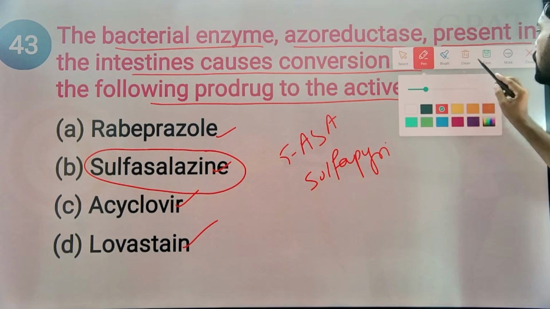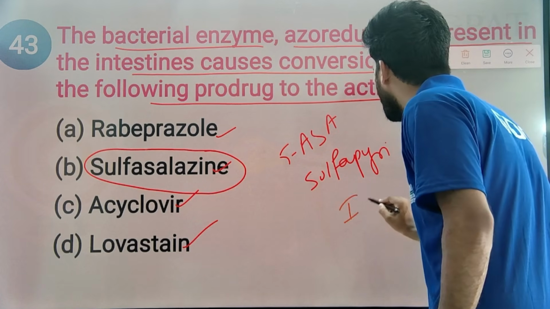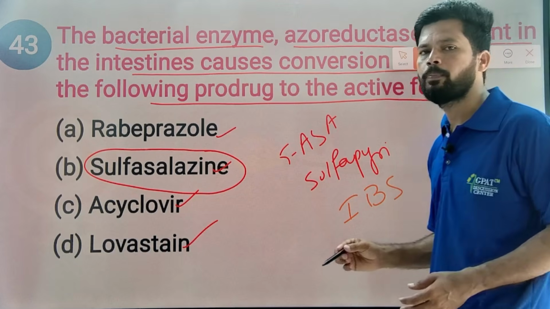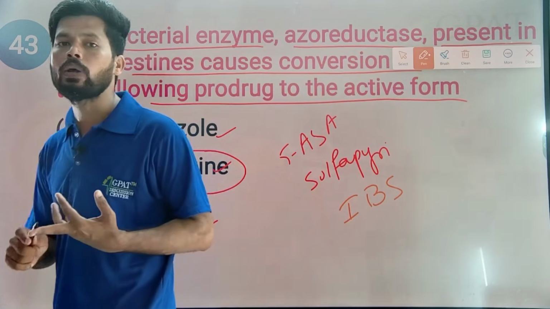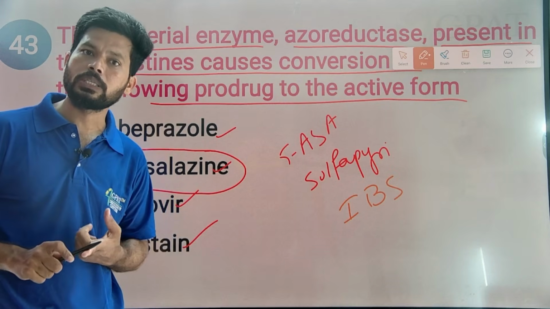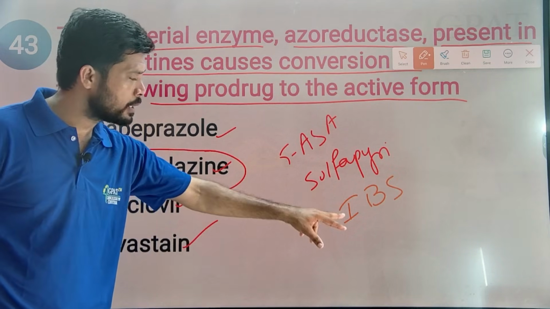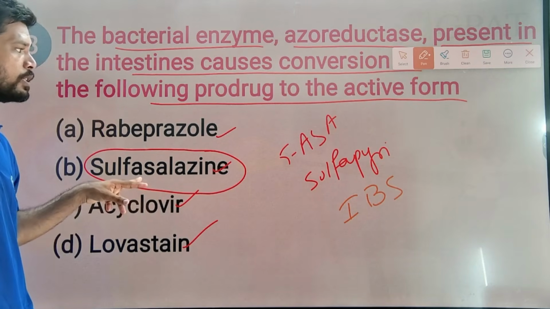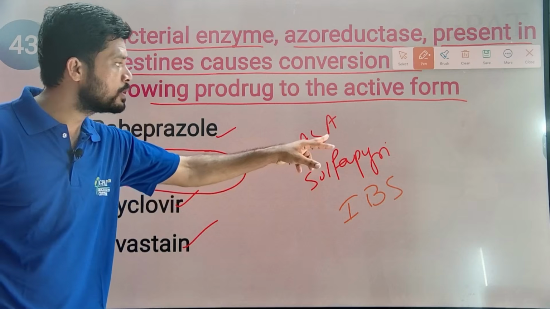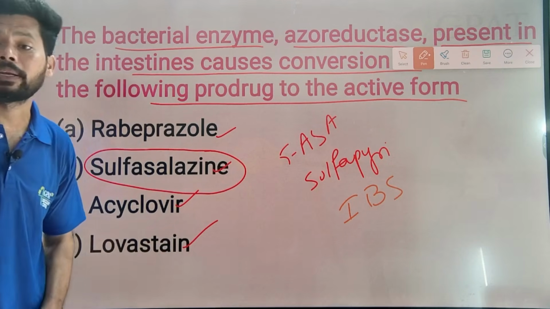Because of this, sulfasalazine helps in the treatment of inflammatory bowel disease, an autoimmune disease characterized by ulcerative colitis and Crohn's disease, which are subtypes of inflammatory bowel disease. In this autoimmune disease, sulfasalazine is useful. Sulfasalazine enters the GIT, gives 5-amino salicylic acid, anti-inflammatory in nature, and gives sulfapyridine, antibacterial in nature.